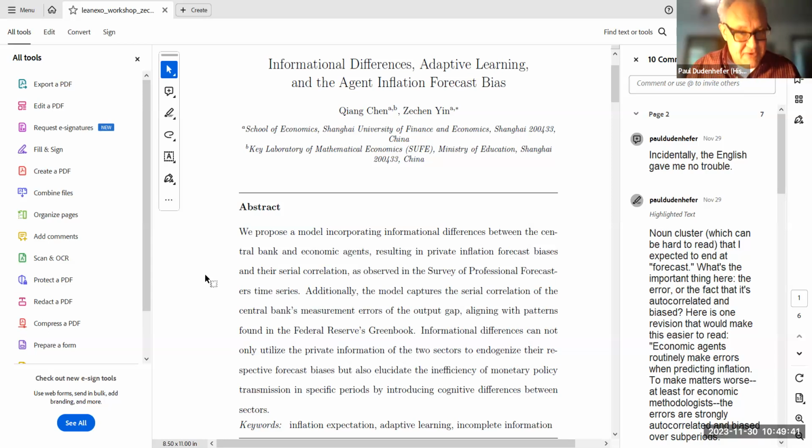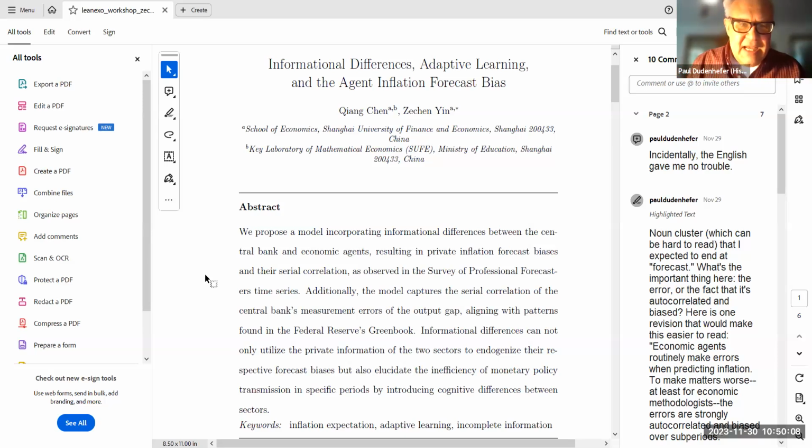They usually have errors. What you want to do is construct a model that fits that data. Other people have tried to do this, but they usually assume that the central bank and the private sector have access to the same forecasts, that is, the same information.